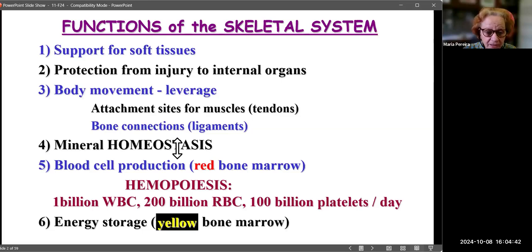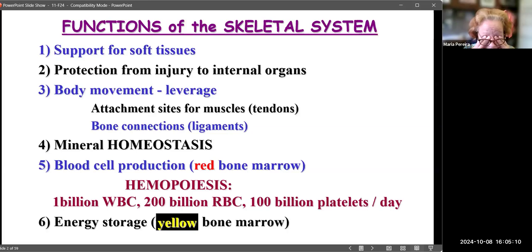Now, this is a very interesting function of the skeletal system. It provides mineral homeostasis, and mostly calcium. So the calcium levels in the blood are regulated through mechanisms that either deposit or remove calcium from the bones.